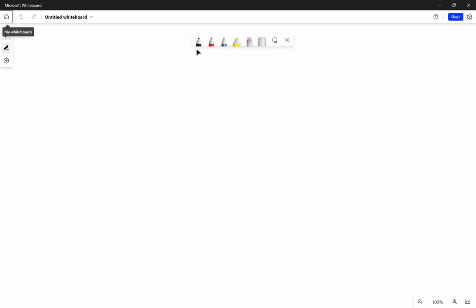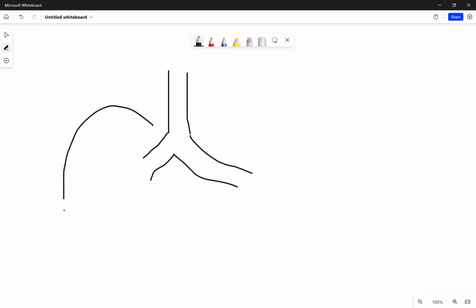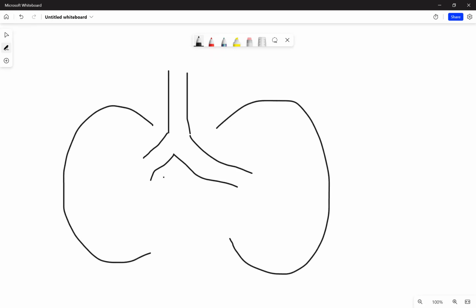So chronic bronchitis involves the upper airway. So if this is your trachea, and this is your right and your left main stem bronchi, and these are your two lungs, right lung, left lung.